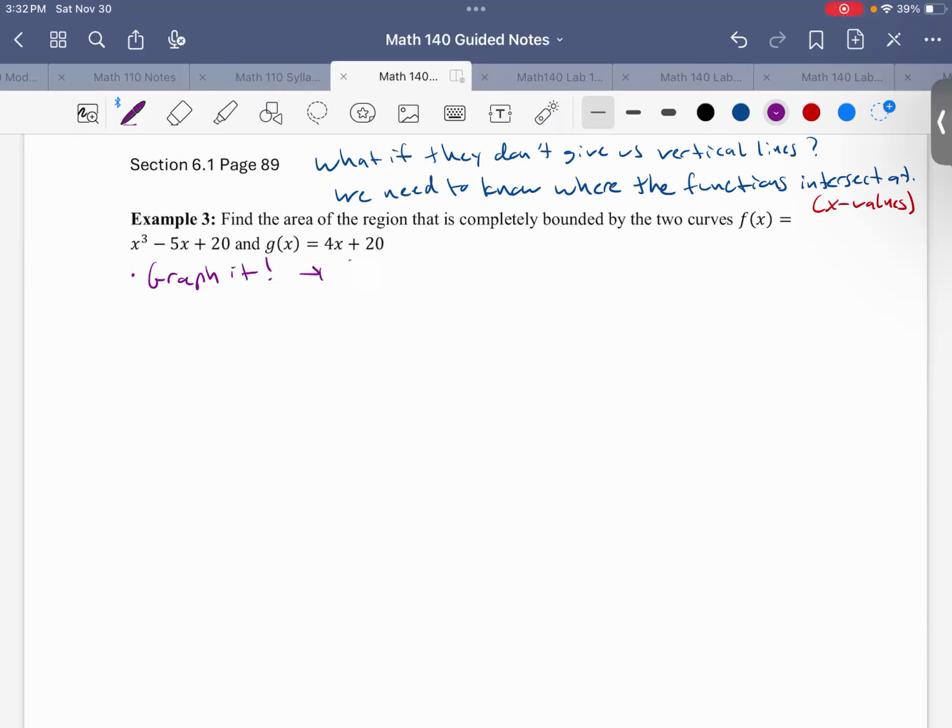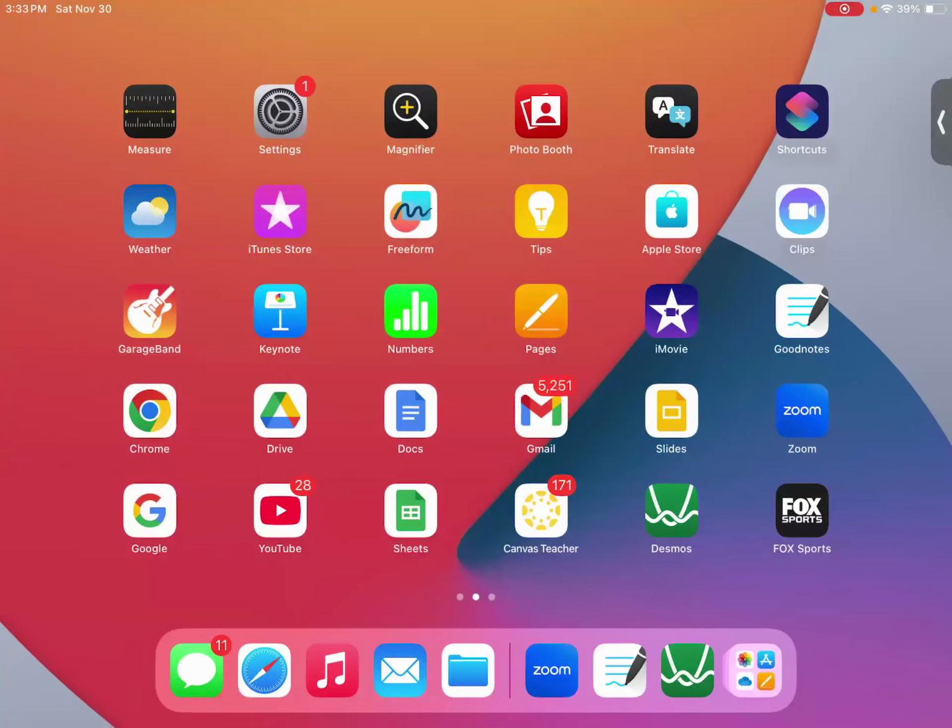We're going to get our top and bottom functions as well as the intersections. So let's go to Desmos and graph both of these functions.